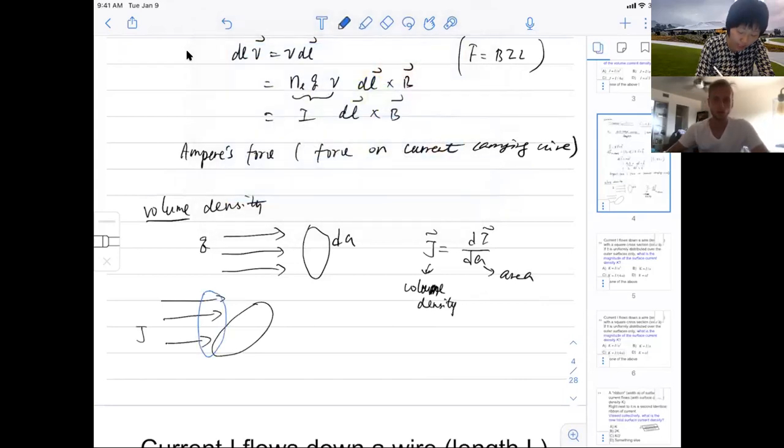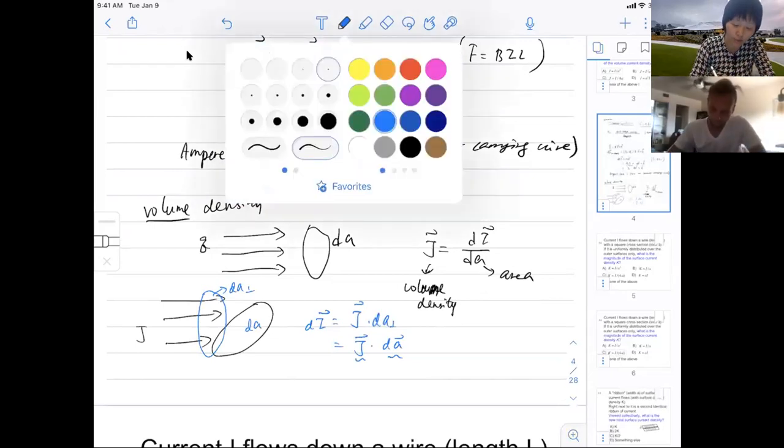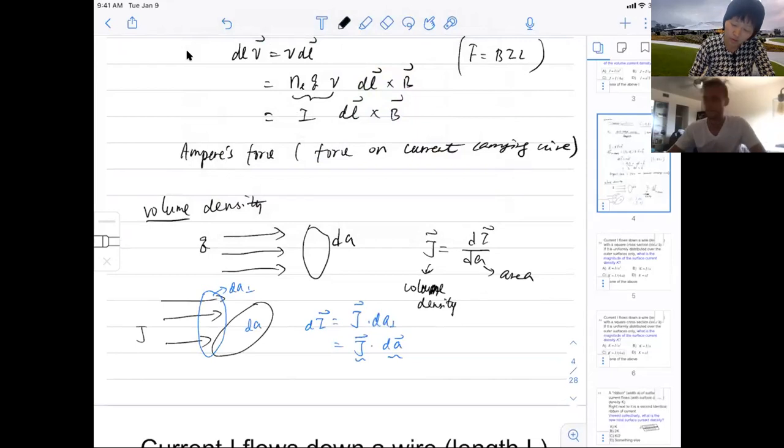So if this is dA, we need to look at dA perpendicular. So dI would be J times dA perpendicular, which is J dot dA. It's a dot product between J and dA, which makes sure that we are only looking at the perpendicular cross section.